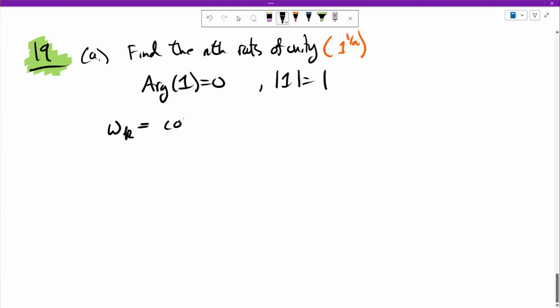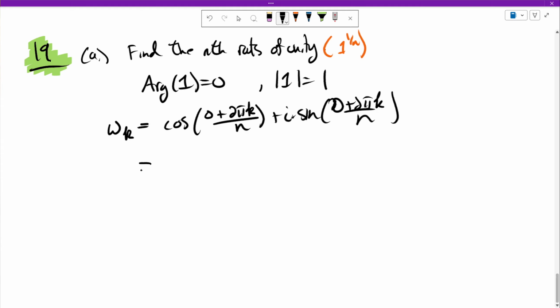And so it's just cosine of our argument, which is 0 plus 2 pi k over n, and then plus i sine 0 plus 2 pi k over n. And if we were to get rid of that 0, we'd get this very nice looking formula: cosine 2 pi k over n plus i sine 2 pi k over n.